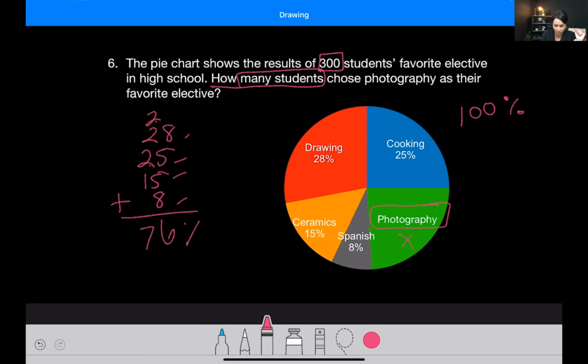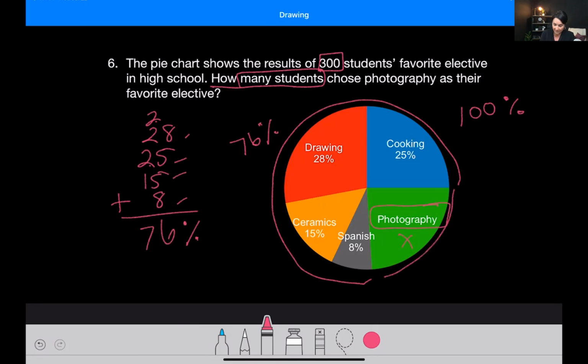What I know right here, from here to here, is 76%. Okay, that's 76%. So that leaves me with this here. Well, what's 100% minus 76%? That's 24%. So 24%, let me get this X off of there for you. This 24% is going to be the remainder.